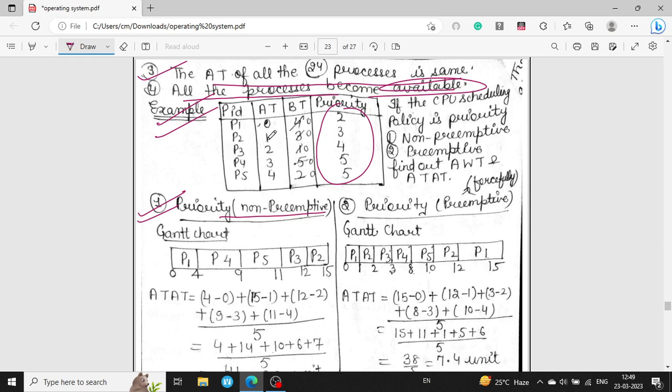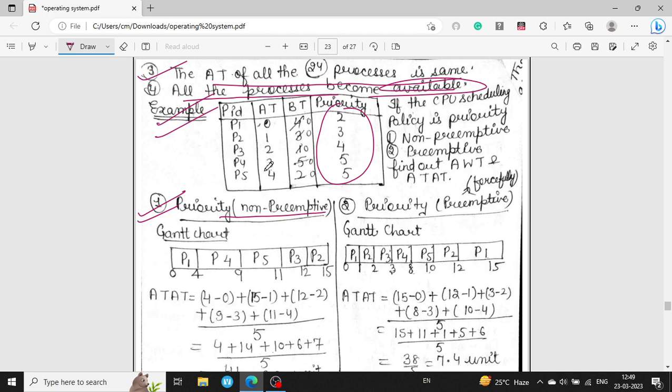And after that, who came? P2, P3, P4, P5. But who uses CPU next priority?